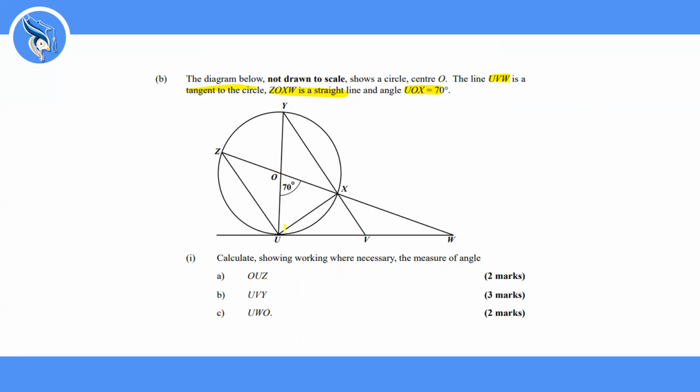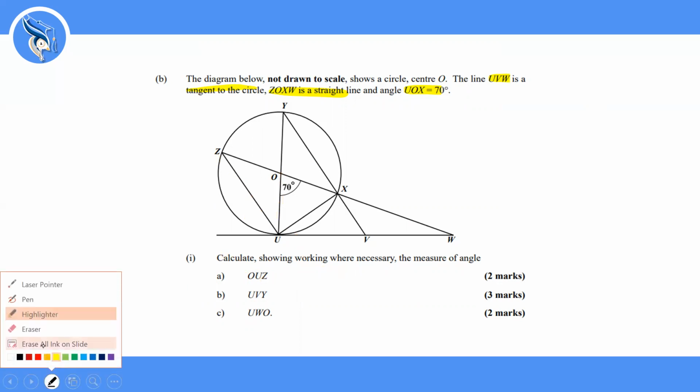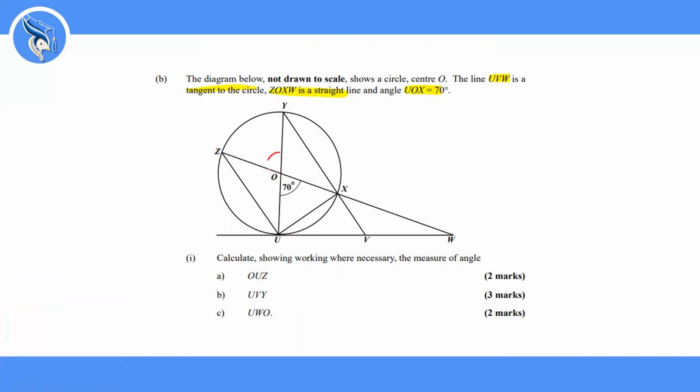So OUZ, this one. Now, an easy way to do this is to look at the angle here. This is 70 degrees. And if you look right here, we can actually make a complete circle, right?